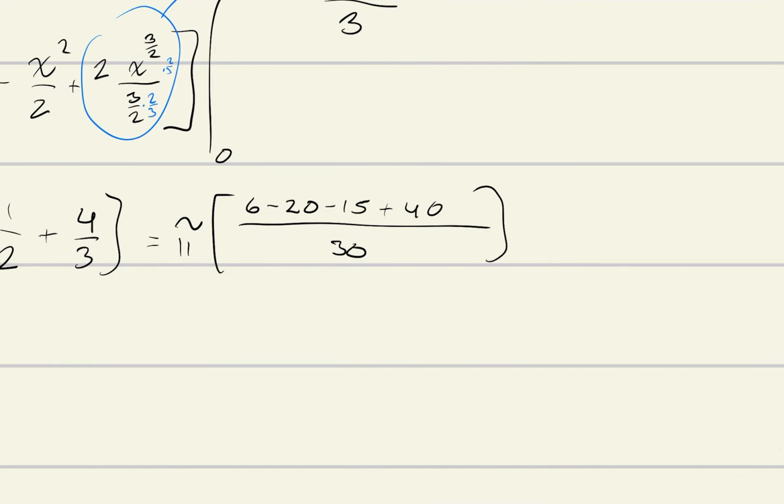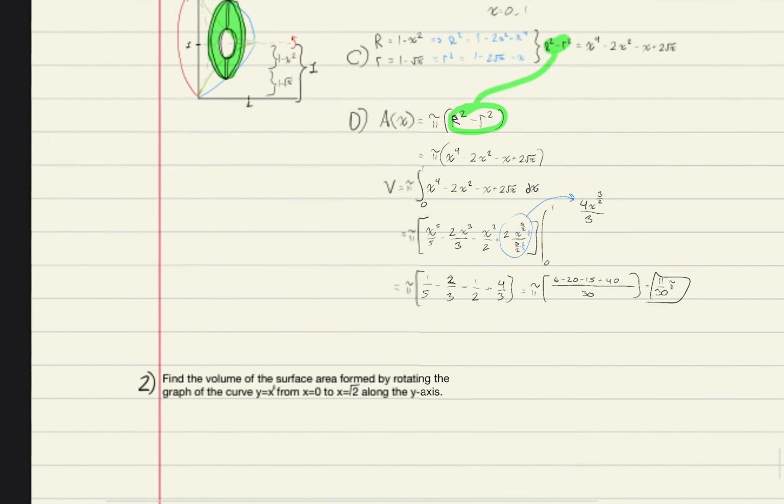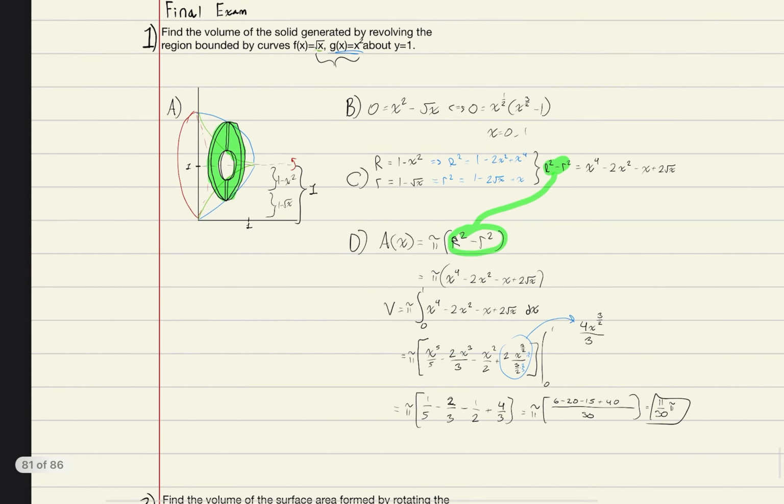When we add all of that together, we will have 6 minus 20 minus 15 plus 40, which gives us 11 over 30 pi. That is the volume of this solid rotated about the line y equals 1.